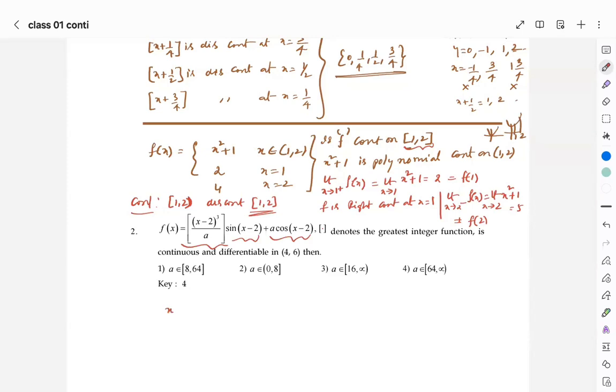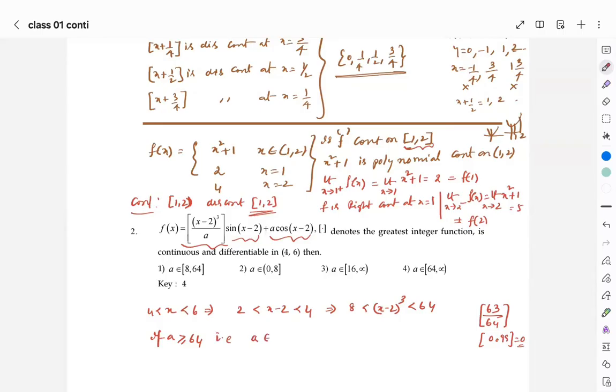How can elimination be possible? X, he told, lies between 4 and 6. X minus 2 lies between 2 and 4. X minus 2 whole cube lies between 8 and 64. So how to vanish this step function? If I take a as greater than or equal to 64, then the numerator is less than 64 and the denominator is more. It is something like 0.99, which becomes 0. The entire thing can be vanished.